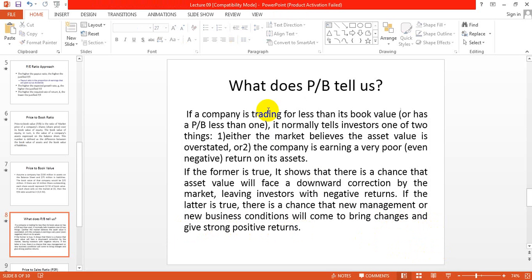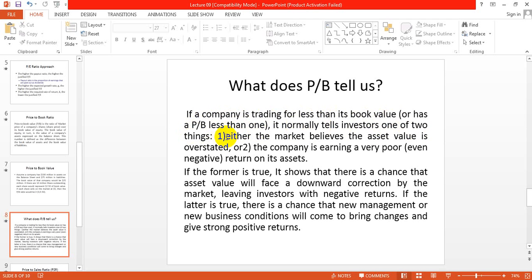Two cases in price to book value. One case is price to book value less than 1. If a company is trading for less than its book value, or has a price to book value less than 1, it normally tells investors one of two things.